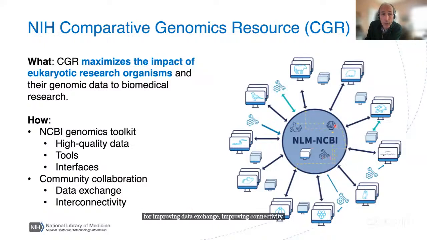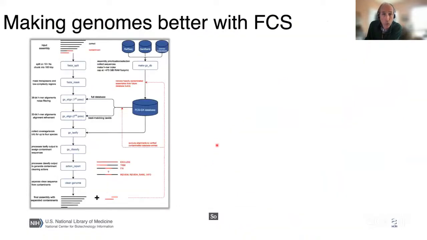The goal here is to build out an NCBI-supported ecosystem combined with community resources that together power this future of comparative genomics. Some of the things that have come out of CGR have been talked about already in previous talks, so we're already achieving some of this global community network. I'll give you a whirlwind tour of some of the things we worked on.